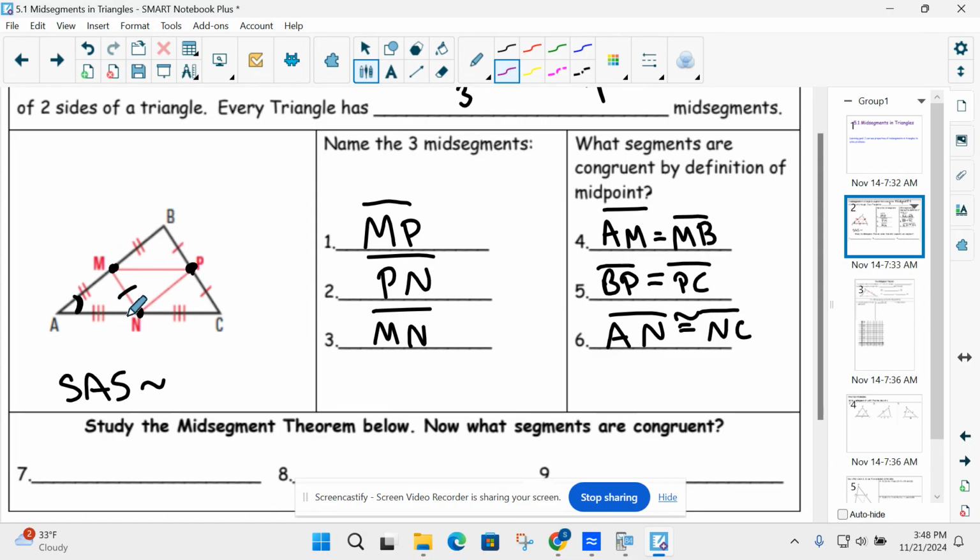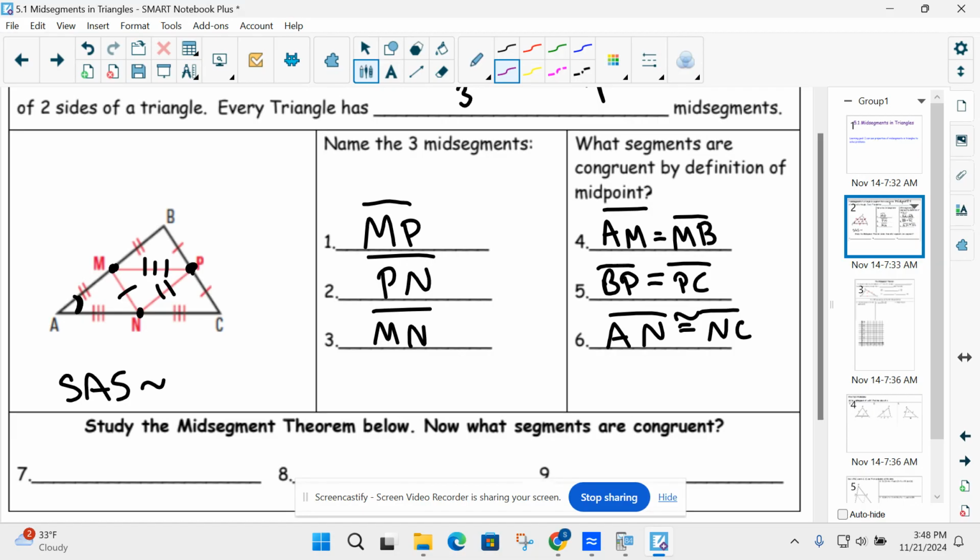If you look around the triangle, the other midsegments also would get the corresponding number of tick marks from the opposite sides. So MP would have 3 tick marks because it's congruent to AN and NC. And then this midsegment would be congruent to both of these, so that gets 2 tick marks.